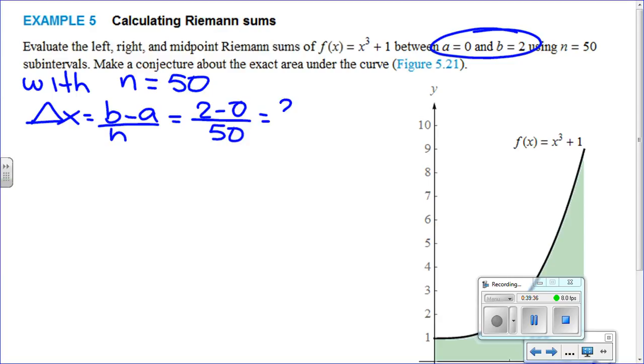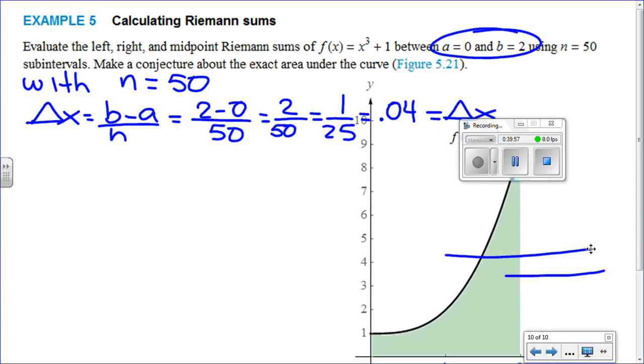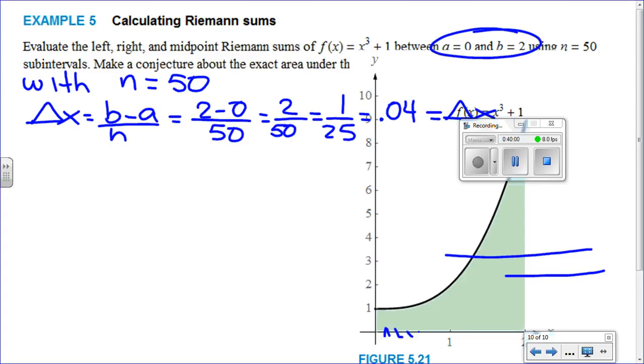So then that will be 2 over 50 or 1 over 25. And here we're going to use decimals. I know I always tell you not to, but we're going to do it. So that's delta x, 0.04, all right? If we were to divide all of this into rectangles, we will have 50 of them.